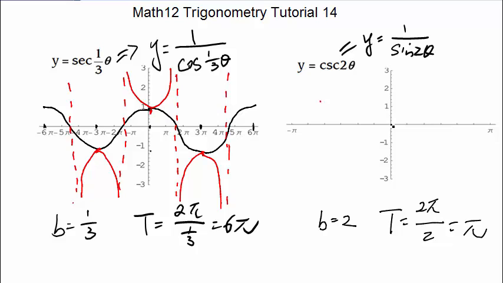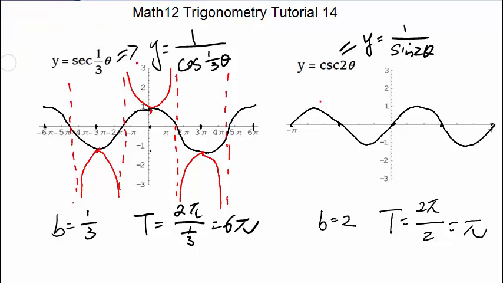So 0 to 1 pi is one period, and negative pi to 0 is another period. The middle point is here, and then we just draw a duck. A duck is the sine function. Here we go. Now we have 2 periods of the sine function.